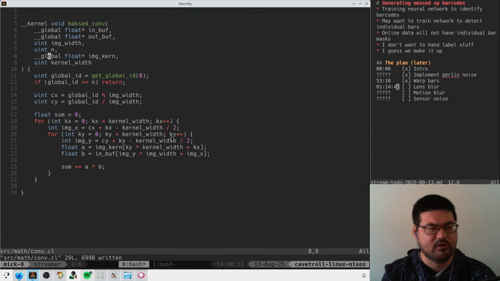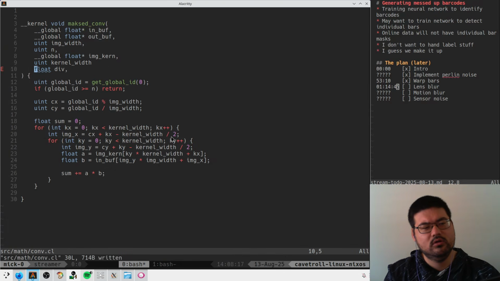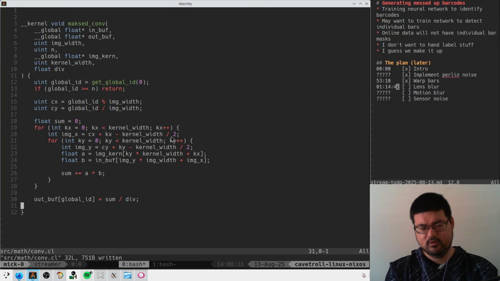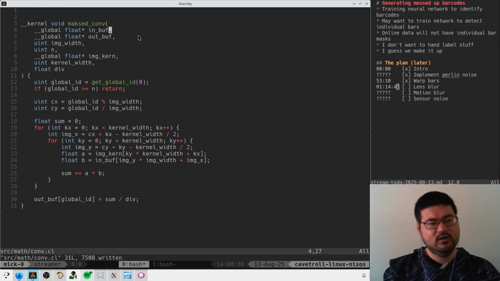So maybe we just huck a float divisor in here as well. That doesn't seem crazy, right? So then we have out buff at global ID is equal to sum over div. And we didn't do any masks in here, right?